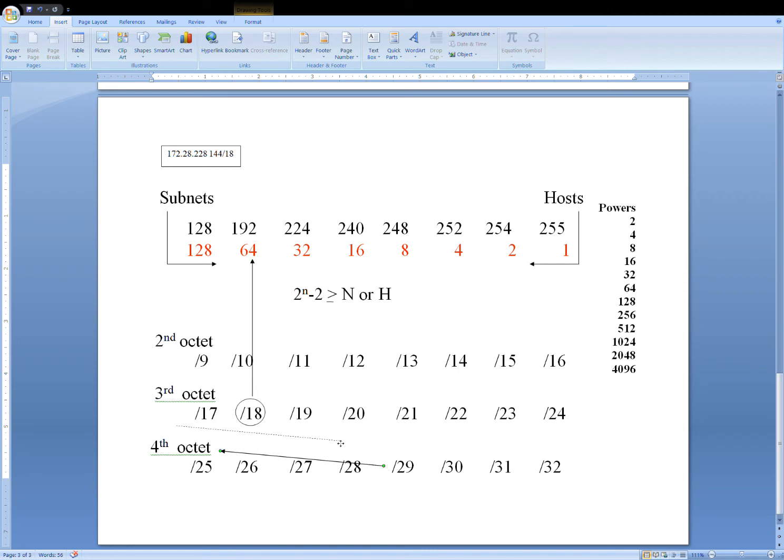So my networks are going to go up by 64s, in the third octet. So I'm playing the game in the third octet again. Networks go up by 64s.